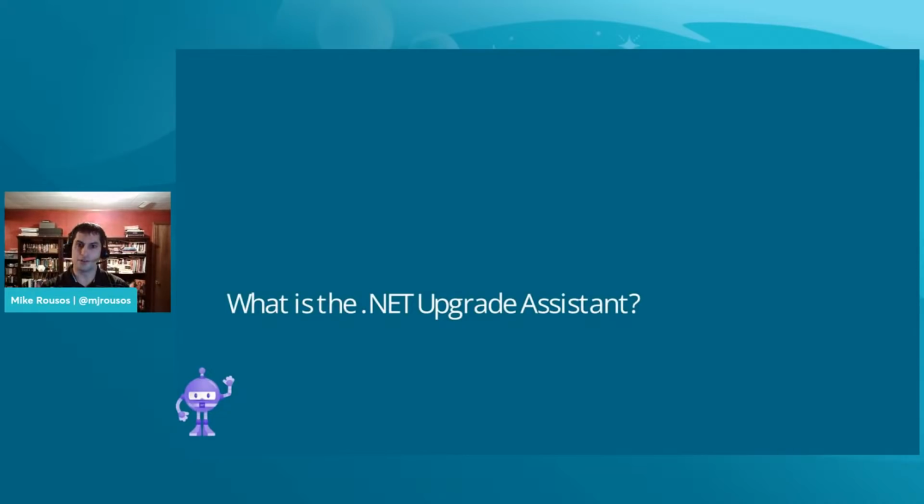Now, for some scenarios, like web scenarios, ASP.NET, it's not going to completely upgrade, make all of the changes you need because some of the changes are large and depend on the specifics of the solution being upgraded. So it's not a silver bullet, but it's useful for helping walk you through the sorts of changes that are needed, helping you understand what has to happen, and making some of those changes automatically so that then you can focus on what's left when the tool finishes running.